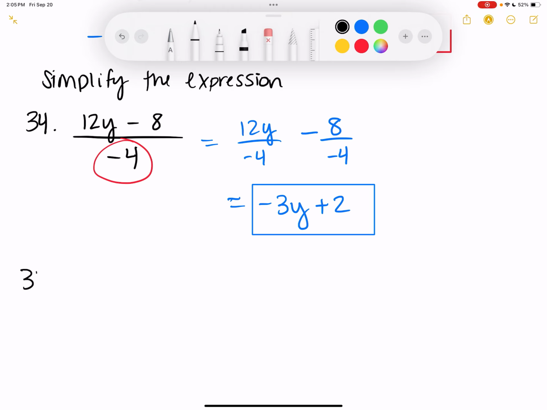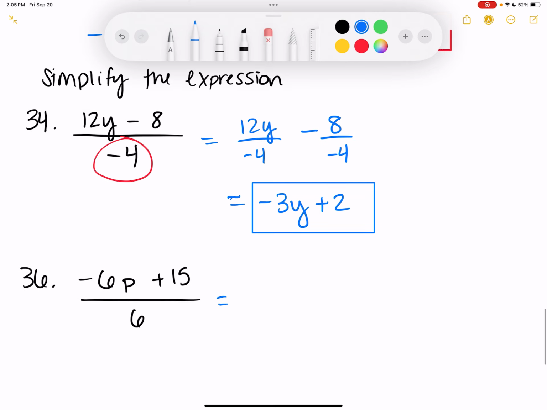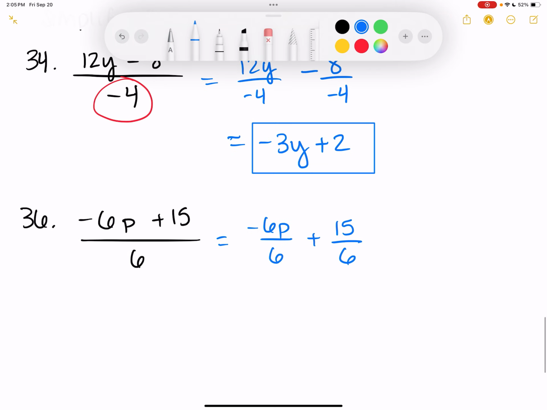36. Negative 6p plus 15 divided by 6. So what is this going to split into? Negative 6p divided by 6, and then 15 divided by 6. Now I want to reduce. What is the first part going to give me? Negative 1p, so I can just write negative p.